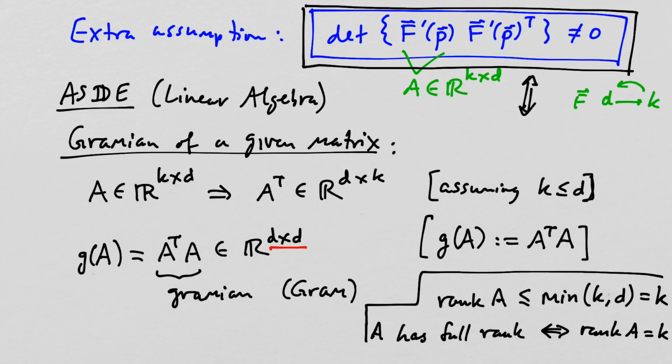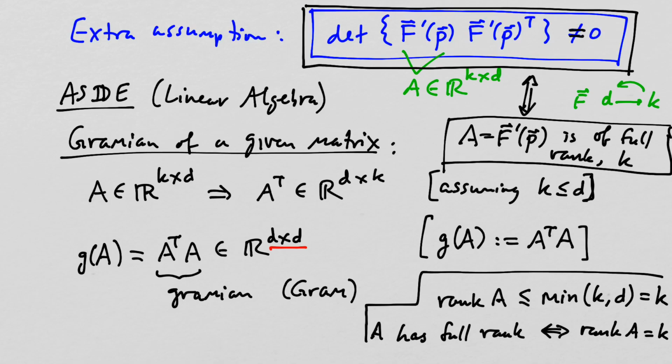And from the theorems we just stated, that happens if and only if this matrix F prime of P, which is my matrix A, is of full rank, namely, of rank K. Because remember, the non-vanishing of the determinant means that the square matrix inside is invertible, and the invertibility of that Gramian is equivalent to the fullness of rank of the original A. So our extra assumption can now be put in this form: F prime of P is a matrix of full rank. We're going to use it in that form.